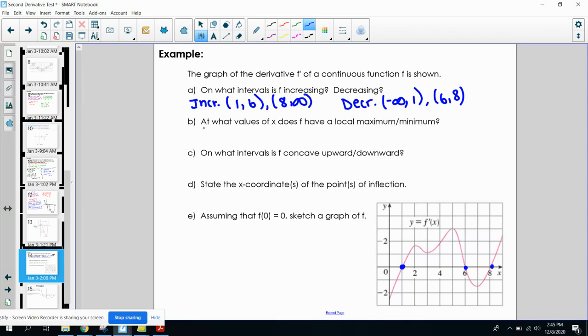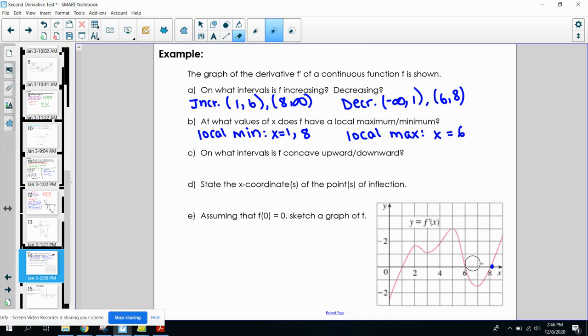That means that's going to be a local min. I have a local min wherever it's going from below to above, so that happens at x equals 1 and at 8. At 6, we're going from above the x-axis to below the x-axis, so that is a local maximum. So the local max happens at x equals 6.